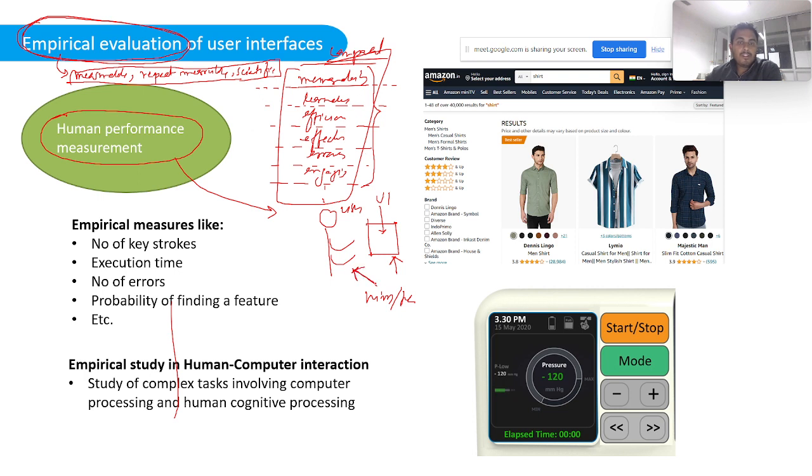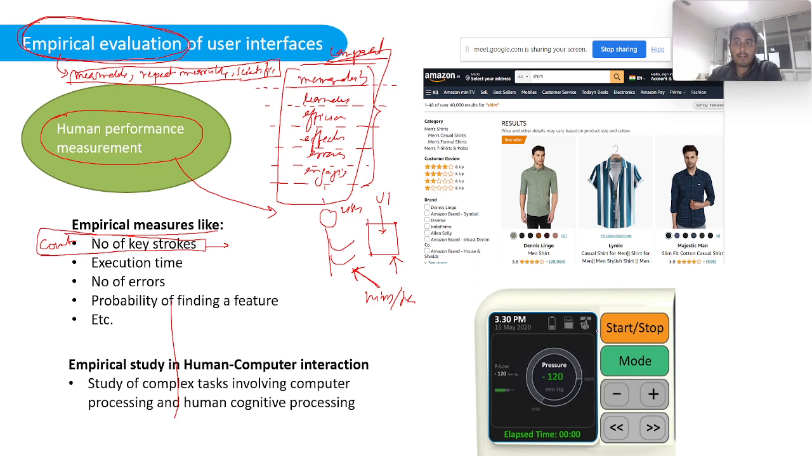Okay, so how? There are different techniques. There are ways like you count the number of keystrokes. Counting the number of keystrokes will give you how long a particular action requires, how much time a particular activity will require.